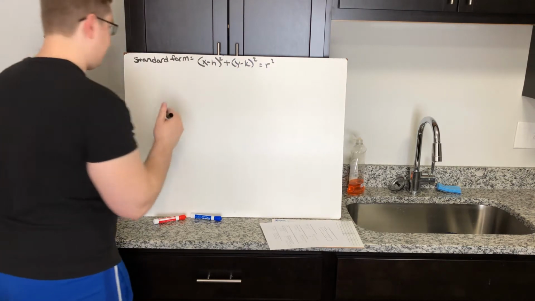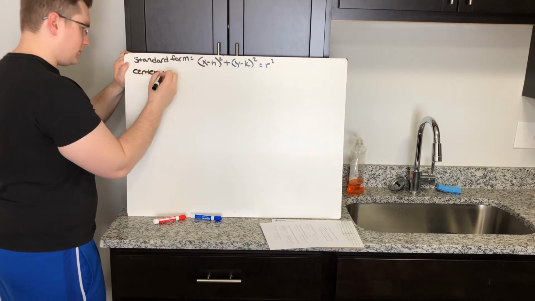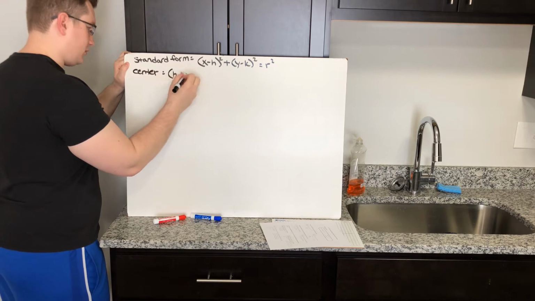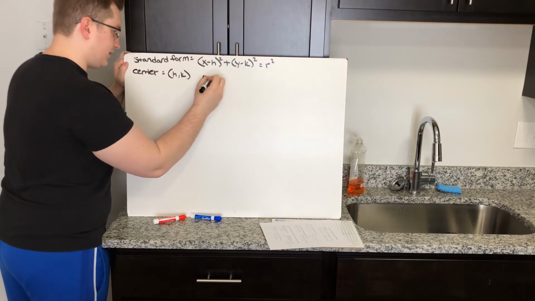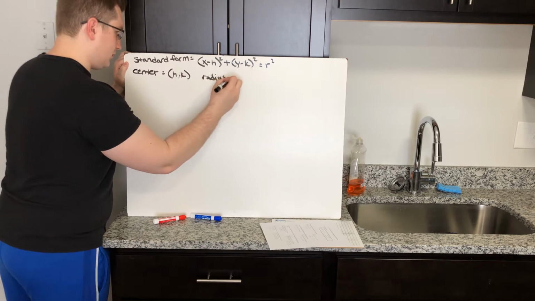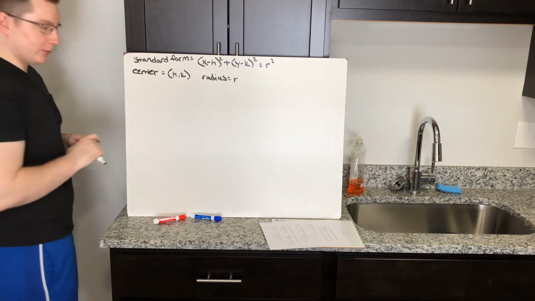And the reason for that is the center of a circle is (h, k). In this case, x and y are just constants. And our radius is equal to r. Notice this is r squared, so we're going to have to take square roots here.